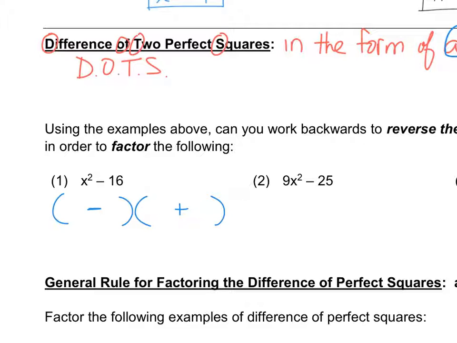So what I want to be thinking about is how can I get to a product of x squared? X times x. I also need to get to a product of 16. I'm going to do that how? The 4 and 4 will get me a 16.